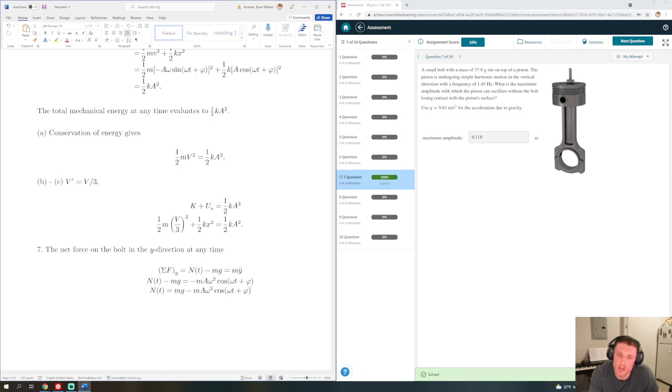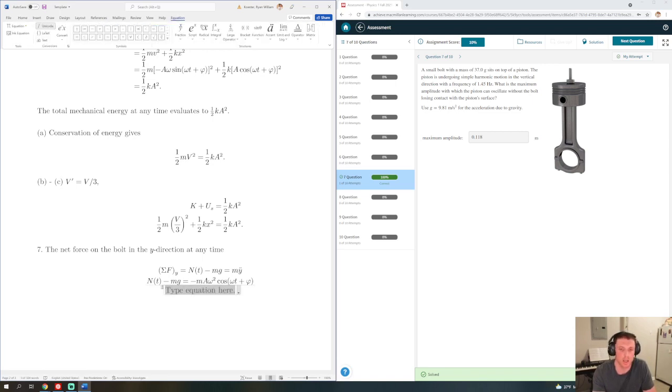I think that, yeah, let's try it, it doesn't hurt to try. So we already have it in the form that we want, essentially. So what we can do is write A equals the normal force as a function of time minus mg, and then we have to divide this by negative omega squared cosine omega t plus phi, like this.